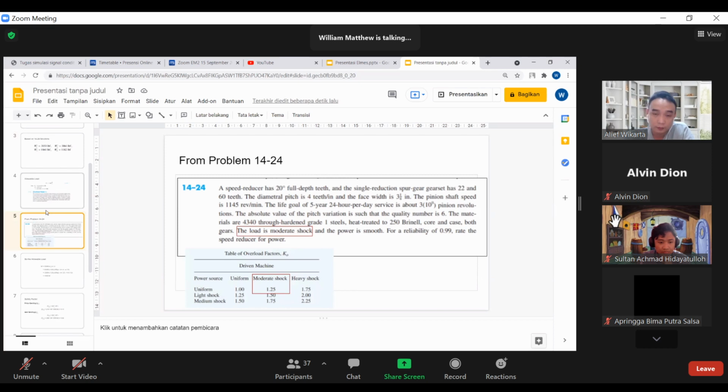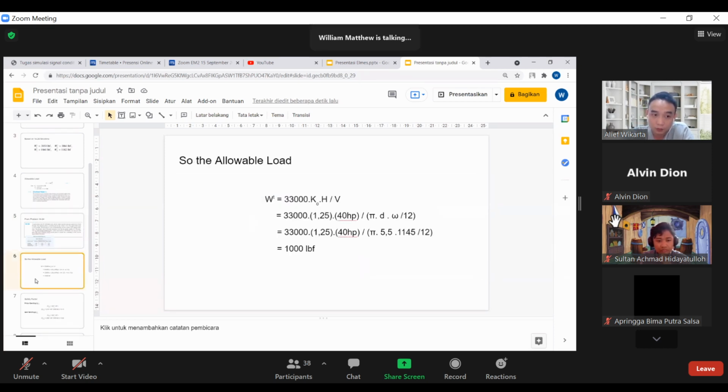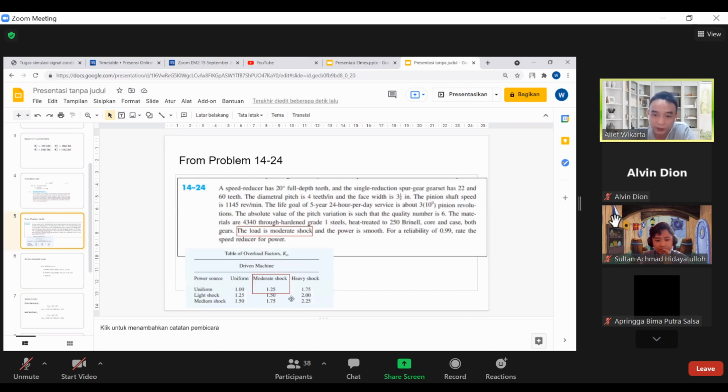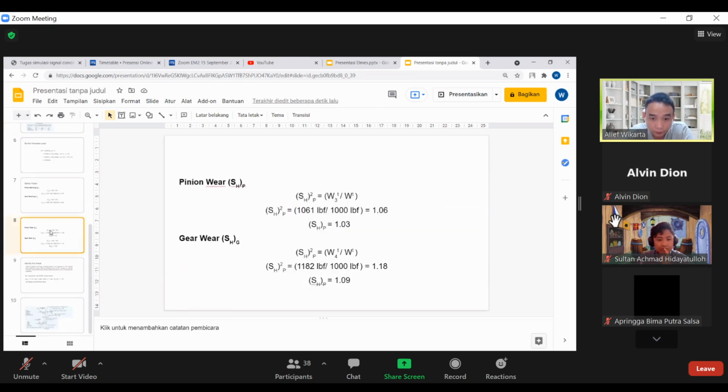I think it will be higher, sir, because we multiply it by a value higher than 1, so 1.25. No, I mean the safety factor value.